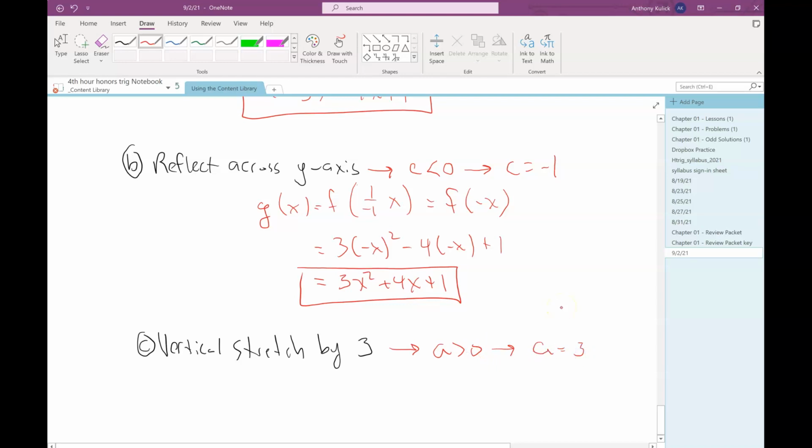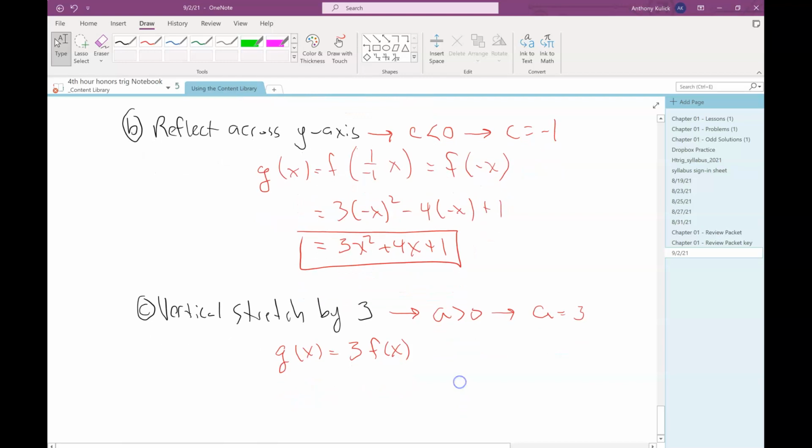Because it's a factor of 3, we know that a is just going to be 3. So my transformation should just be 3 times f of x. So that'll be 9x squared minus 12x plus 3.